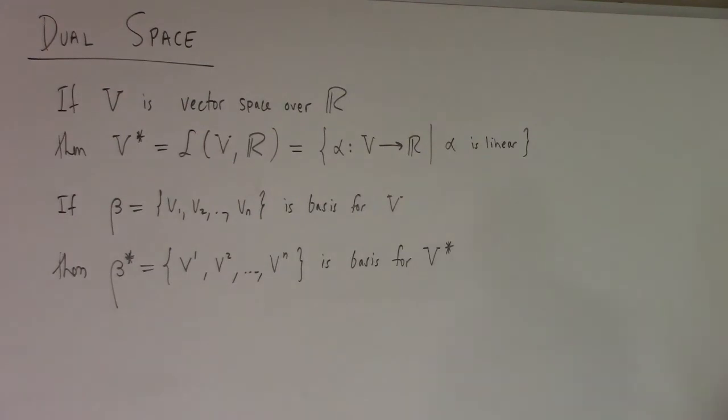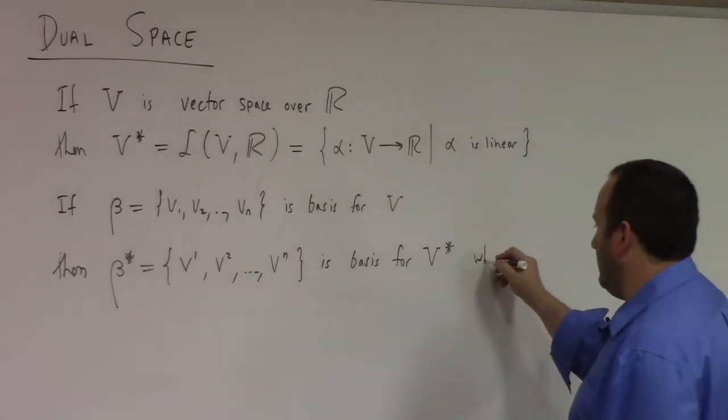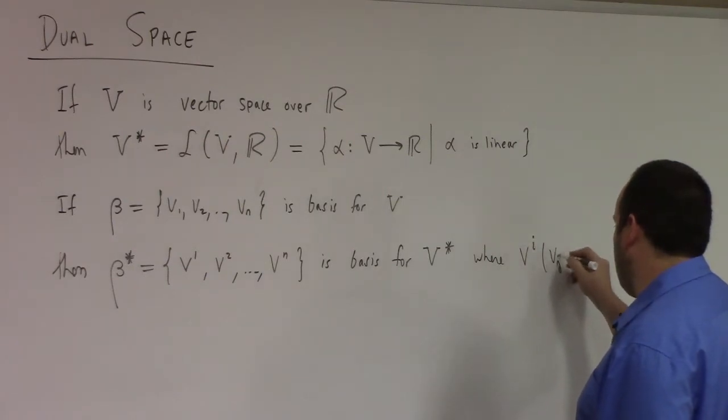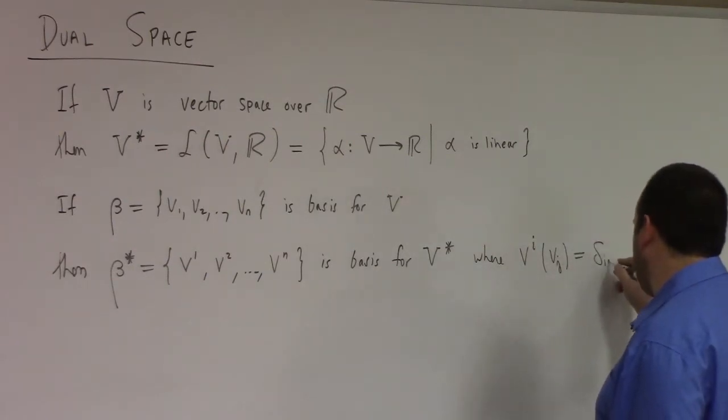And the definition is just this: v upper i acting on v lower j is defined to be the Kronecker delta ij.